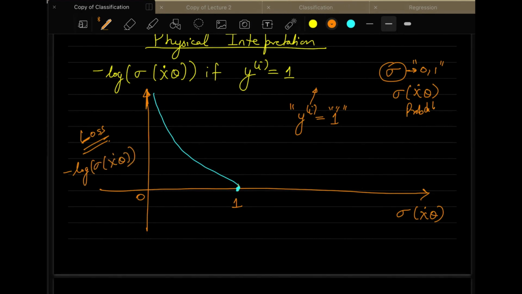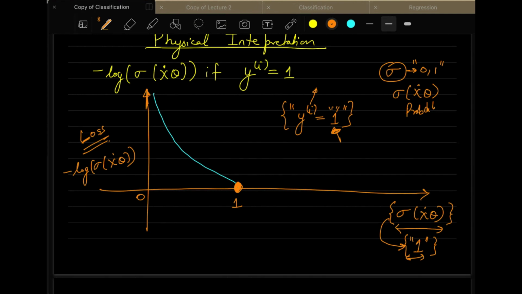So if your actual class is 1, and this is the output of your hypothesis function, the classification output, and this particular model gives you an output of 1, let us say, then you are operating at this point, exactly at this point.